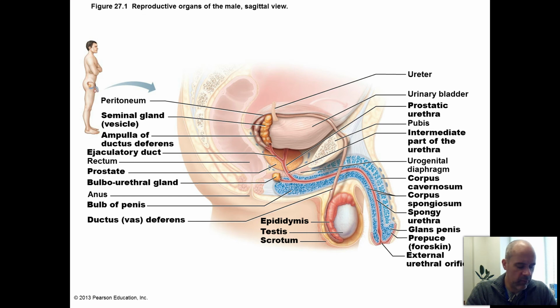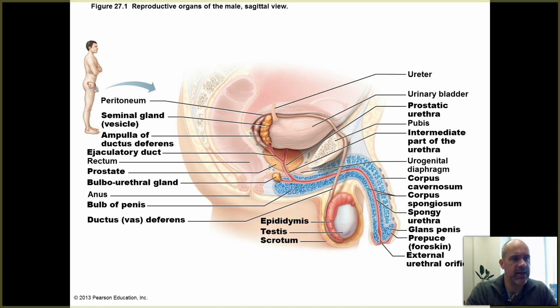All right, and again, we're going to be covering the anatomy in a lot more detail over on the anatomy side for the reproductive system, but this is a cross-section view showing the male reproductive organs. And so here's a testis. This thing here looks kind of like an egg. That's where your sperm cells are generated. And then they move through this structure right in here. That's the epididymis.